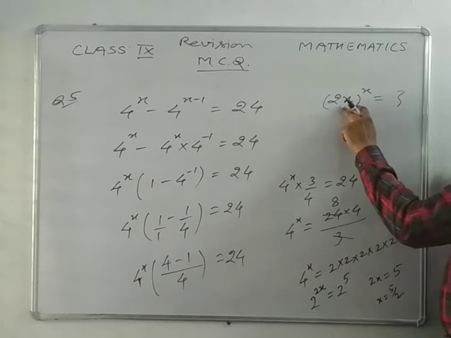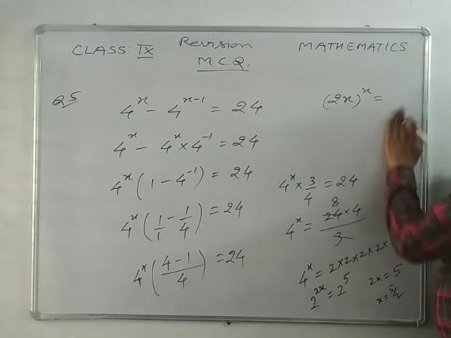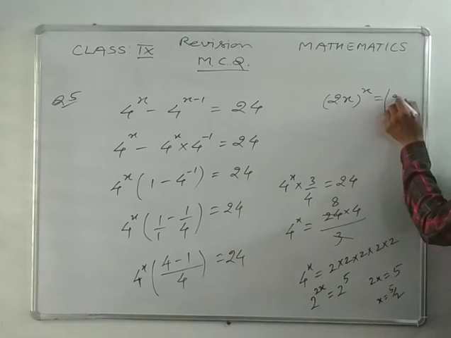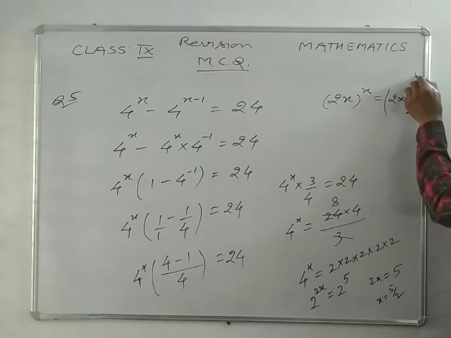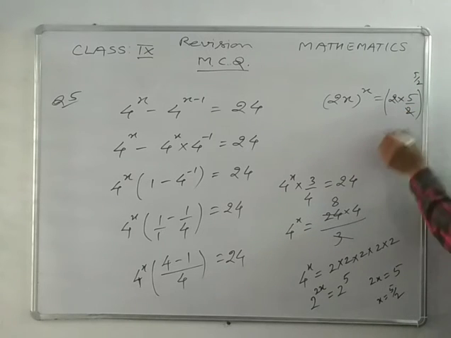Put the value of x in this term. The value of x is 5 by 2, and again power 5 by 2. 2 and 2 cancel, and 5 to the power 5 by 2.